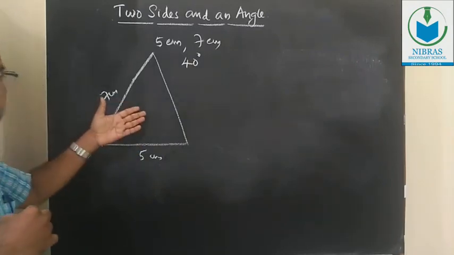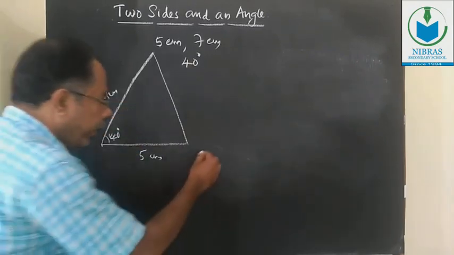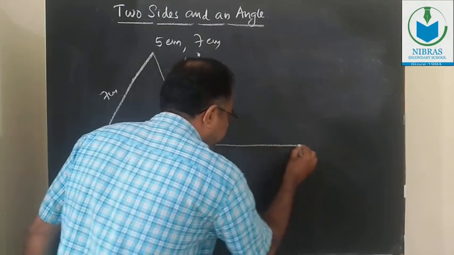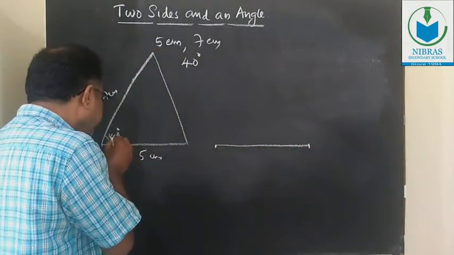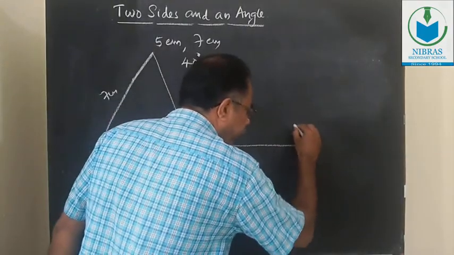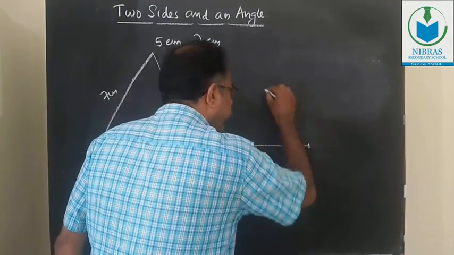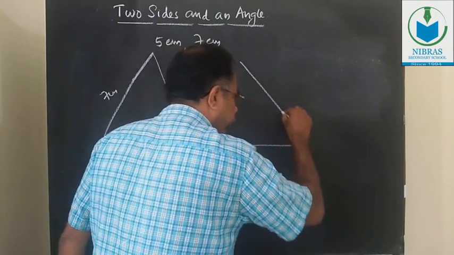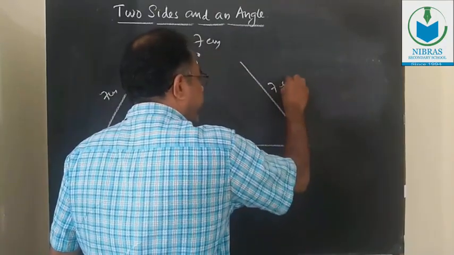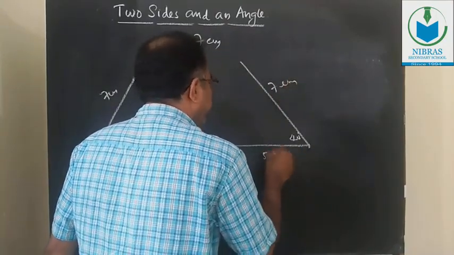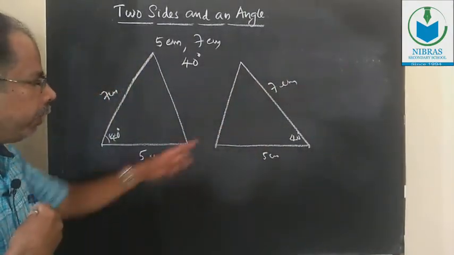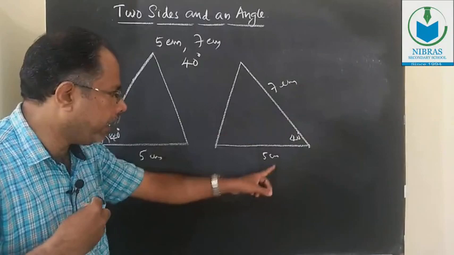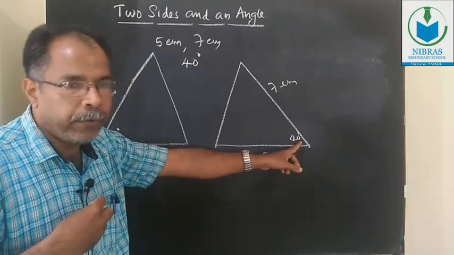This is one method. In another method, the 5 centimeter side is drawn here, the angle measured here is 40 degree, and this side is 7 centimeter. This is another method. Two sides are 7 and 5, and the angle between them is 40 degree.